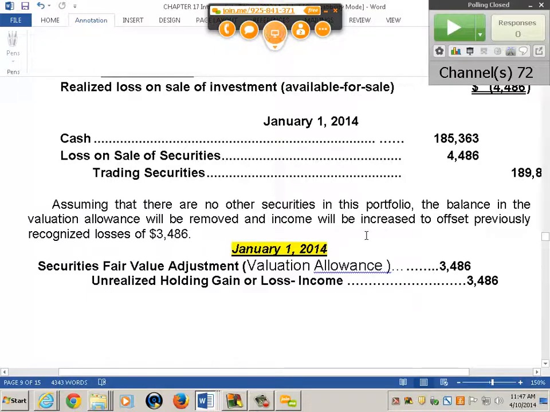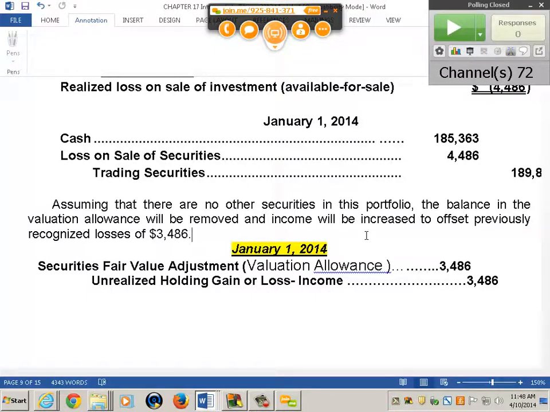What I'm going to do now is I'm going to debit the allowance account. First of all, I don't need the allowance anymore because I've sold off the securities. So now the securities are gone. $189,849 has been sold. There's a zero balance in here.